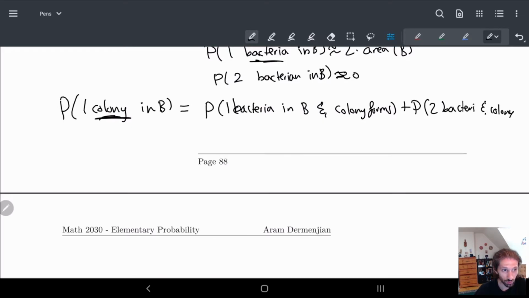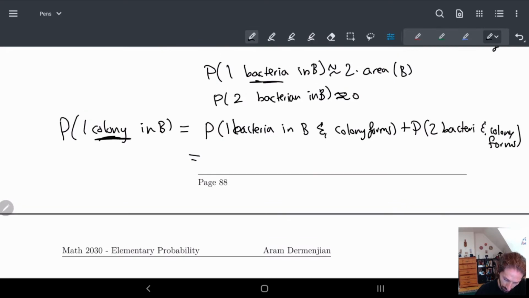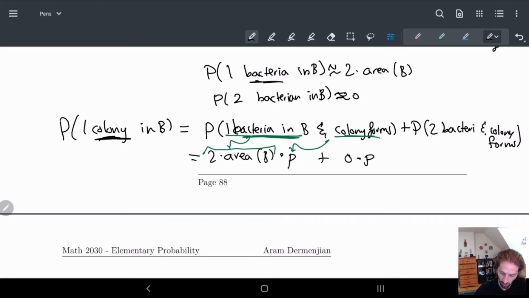I'm running out of room, which is why I'm not writing fully. These are independent, so basically what we end up having is 2 times the area of B times P. Colony forms gives me P, 1 bacteria in B gives me all of this, and on the other side, I have 0 times P. So this basically comes to 0, and I end up getting 2 times the area of B times P.